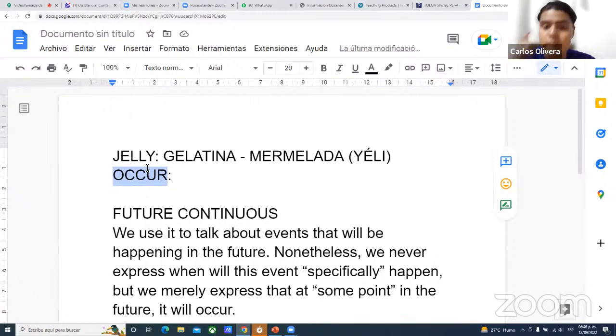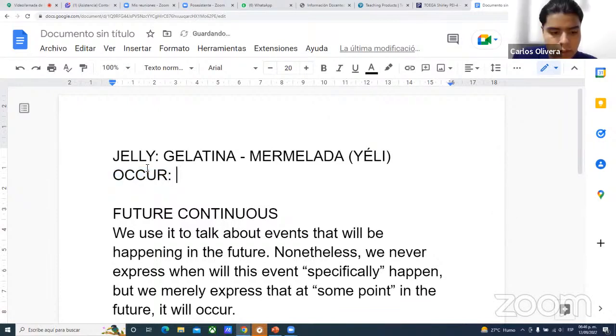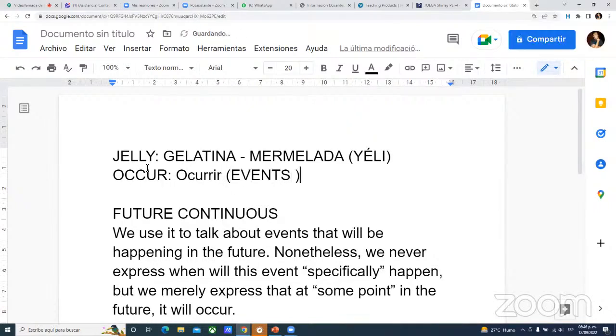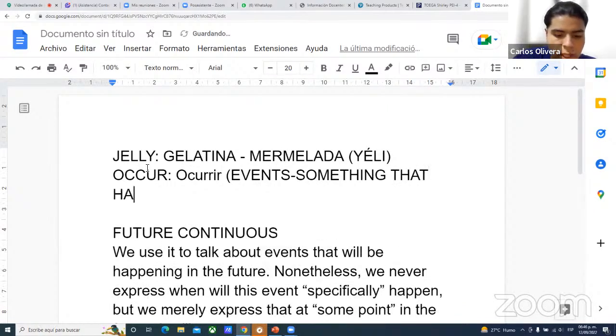But never use occur in the sense of ideas, only in the sense of events, things that are happening. Events, something that happens.